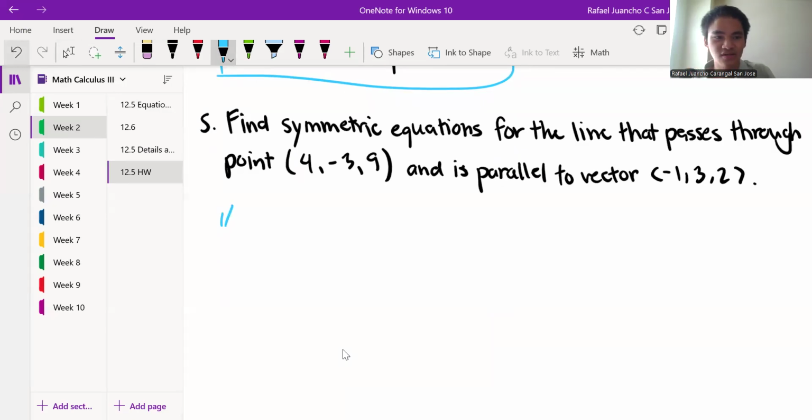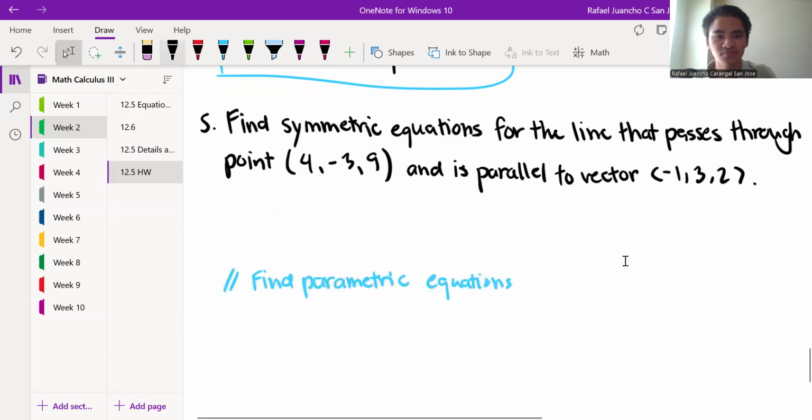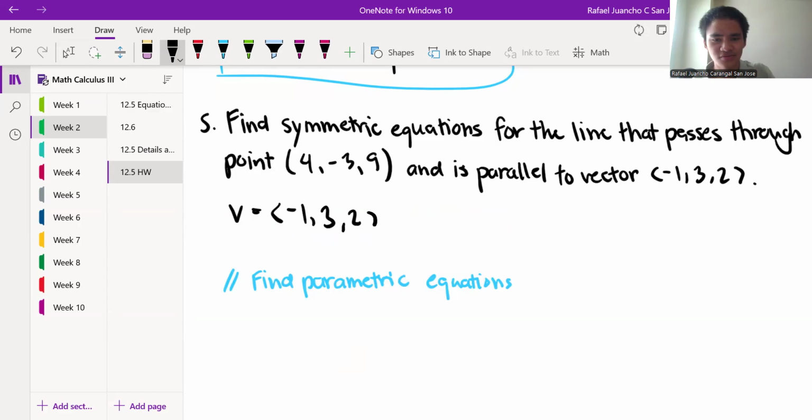Maybe we can try finding parametric equations first. We're just doing the same steps that we did earlier, but you guys can mental this, honestly. So let's say our vector v is this thing. My head's in the way. (-1, 3, 2). So that means my v of t is just multiplying t to all of them.